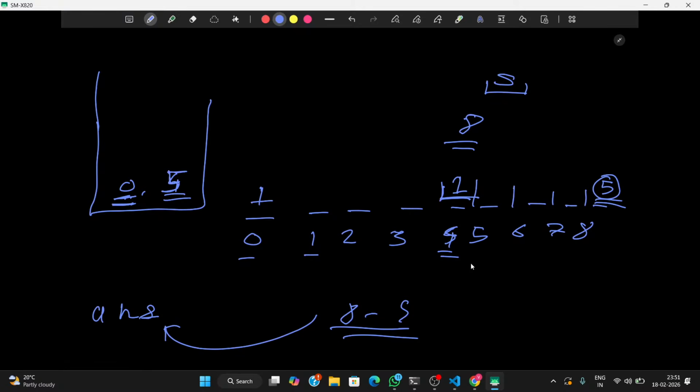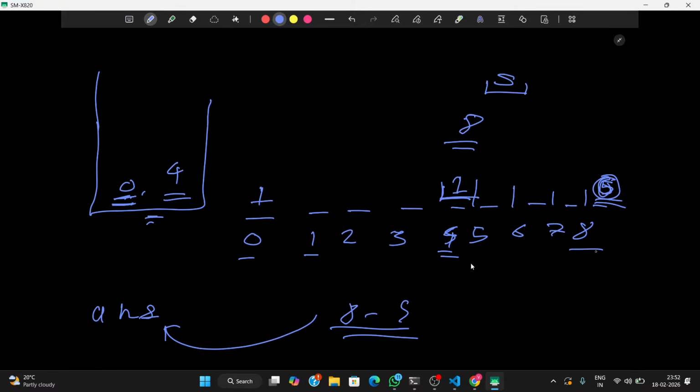We will add 5 to this, and this segment will still continue. If this 5 was not there and there was 6 here, and this was 4, then we cannot continue this segment, so we need to break this segment also.